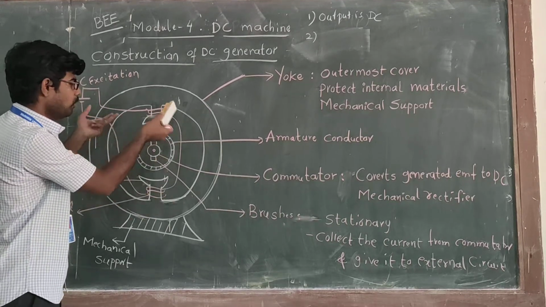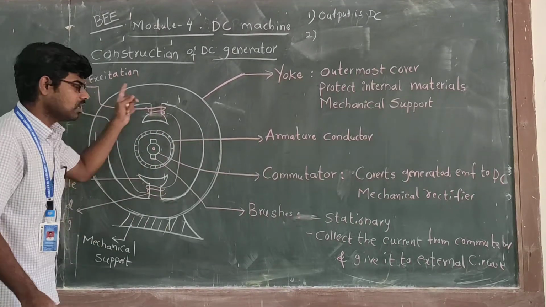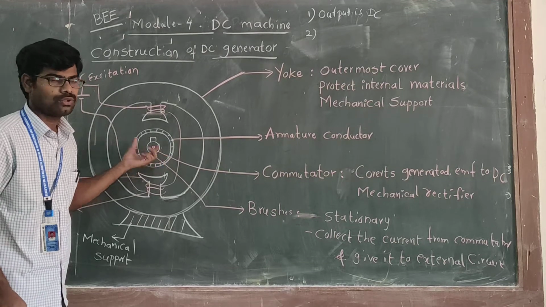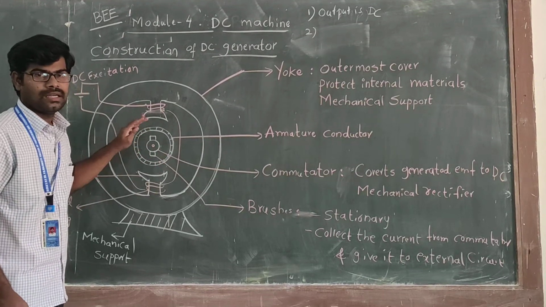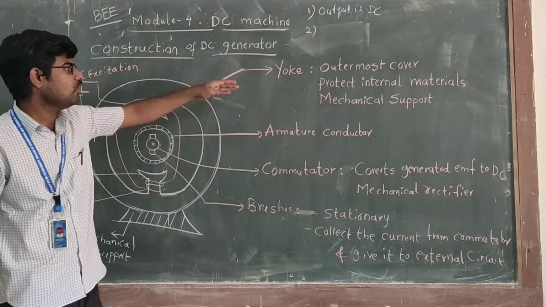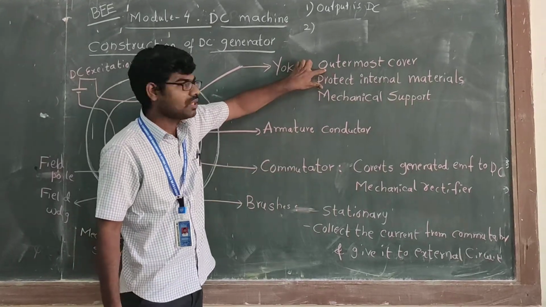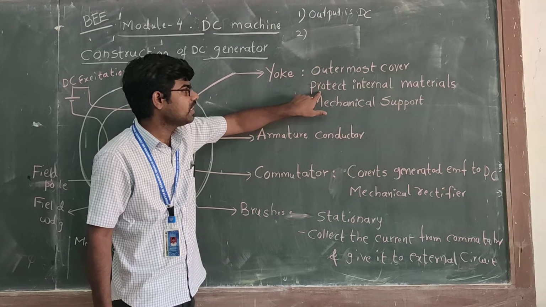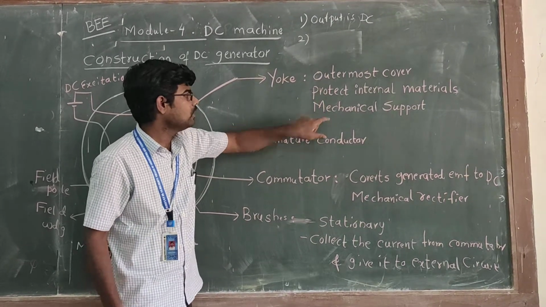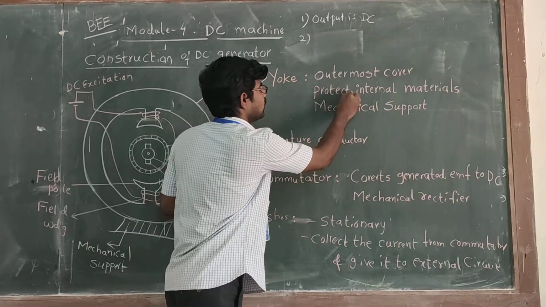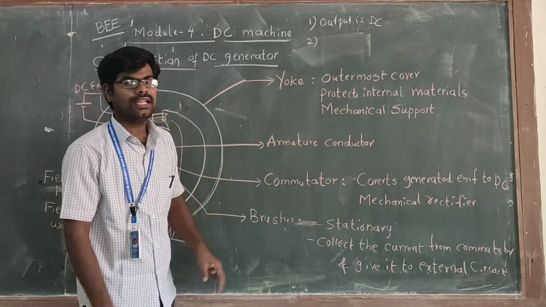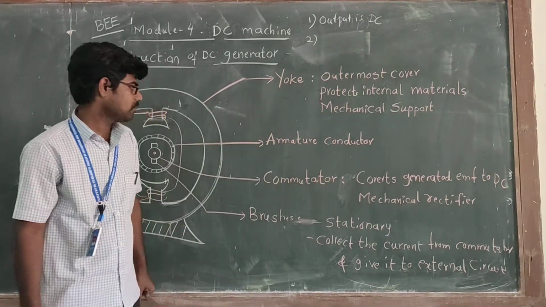Since it is an outer cover, it definitely protects the inner part of the machine. That is the function of the yoke: it is the outermost cover, protects the internal materials, and gives mechanical support to the machine.